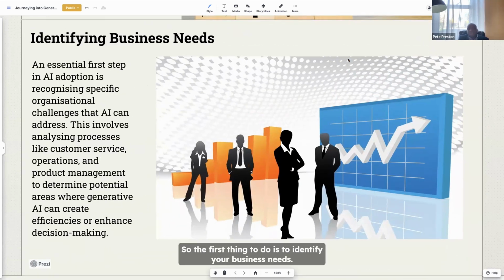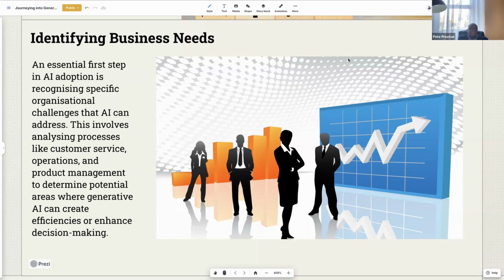So the first thing to do is to identify your business needs. It's important to see your business as a conveyor belt, task-based, even though it's not in a conveyor belt format. It is pretty much an assembly where each person has their own roles and things they do, and you see what you can do with those processes.